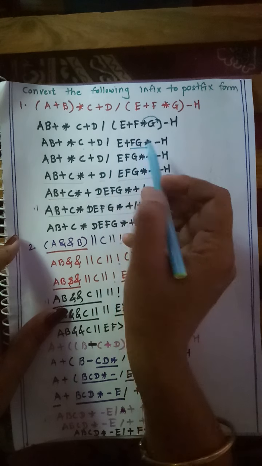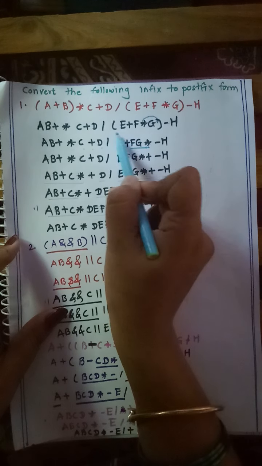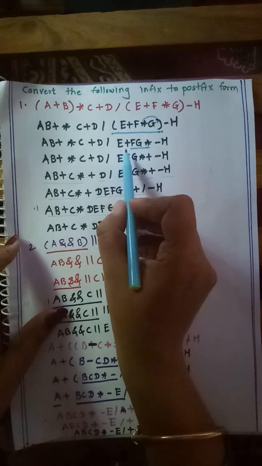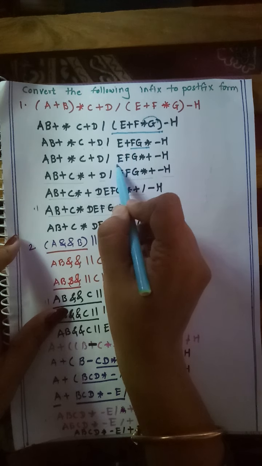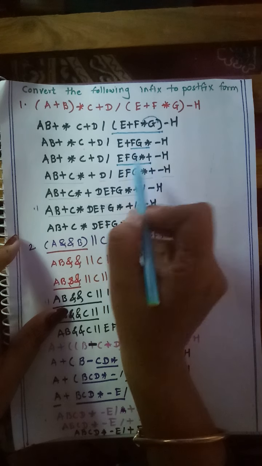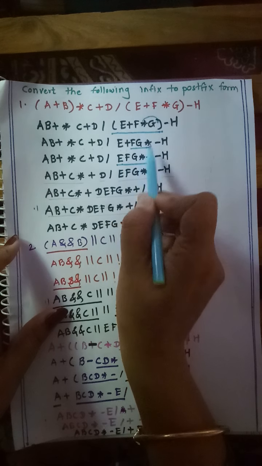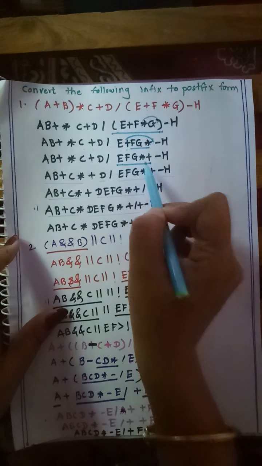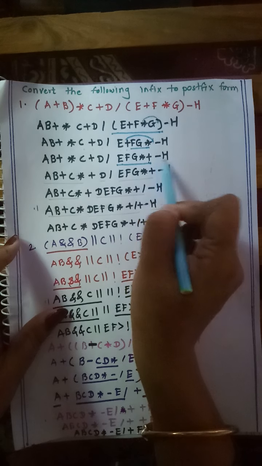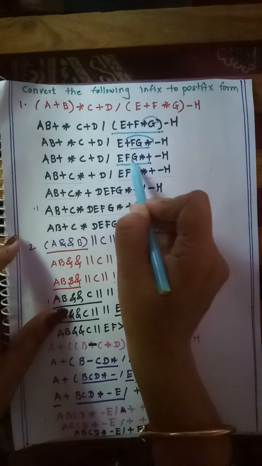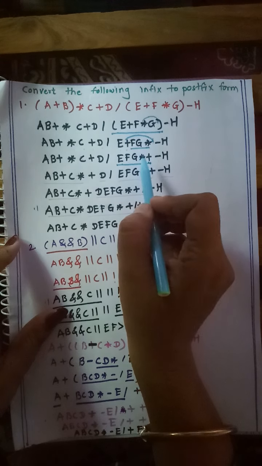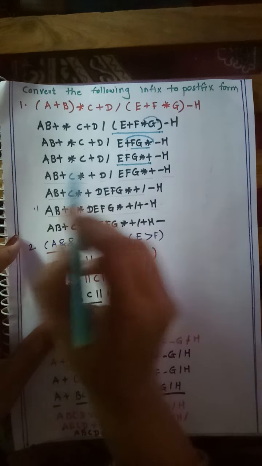Next, all these brackets are solved first. Then the plus sign. Now we convert this expression into the next step. E f g star, this term is as it is, and plus is here. Now plus will be here and minus h. Now this bracket will be solved. Again we go from left to right.